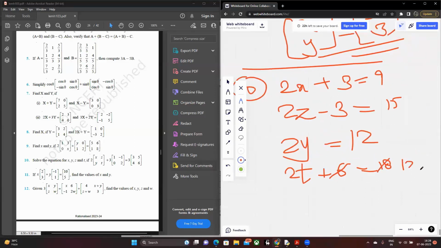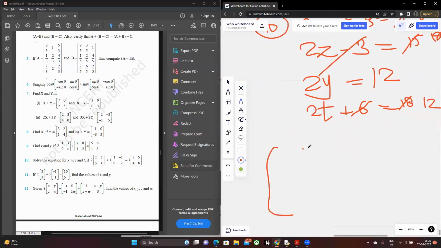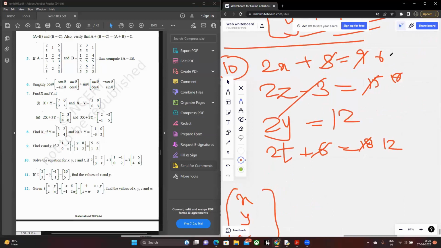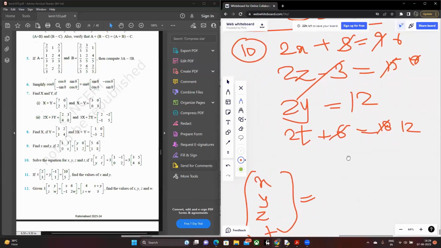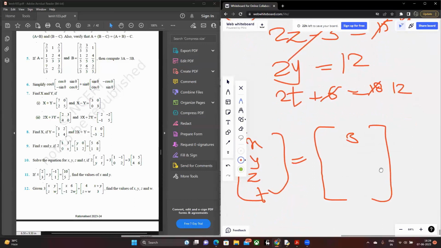So this and this goes, you have 12 remaining over here. This and this goes, you have 18 remaining over here. This and this goes, you have 6 remaining over here. Therefore, we have a matrix x, y, z, t, and over here 2x is 6. So basically, we have the different values, that is x is 3.